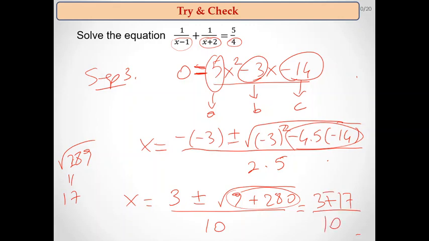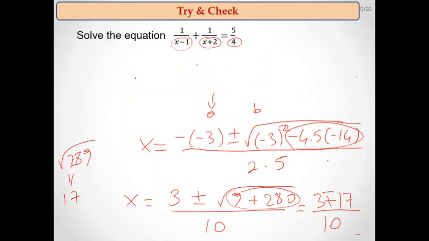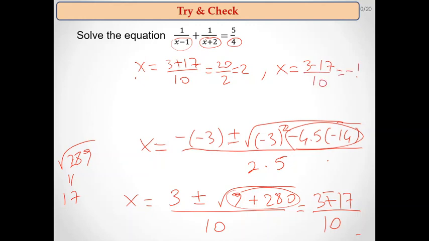We end up with these two solutions: one solution is 2, and the other solution is minus 17 over 10, which makes negative 14 over 10, and after simplification you can say it's negative 7 over 5.